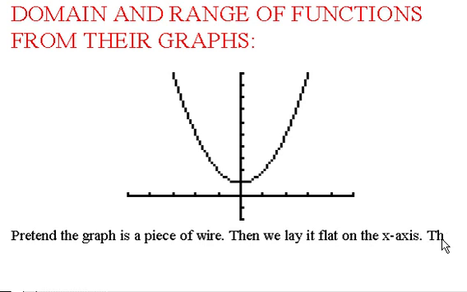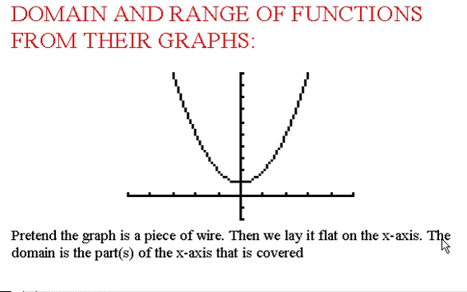The domain is the part of the x-axis that's covered, or parts. So when we take this graph and take the ends of the graph, this is where the graph starts. I know it goes to infinity, but we'll say this is where it starts, and this is where it ends. Again, that goes to infinity.